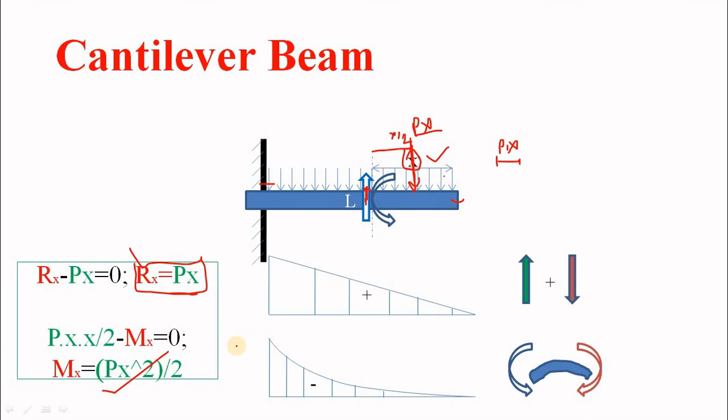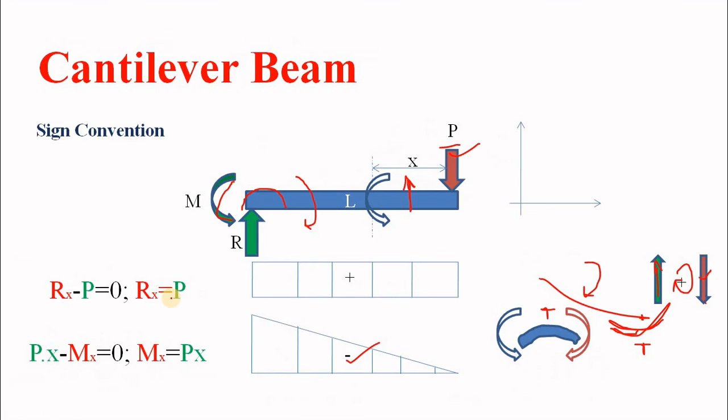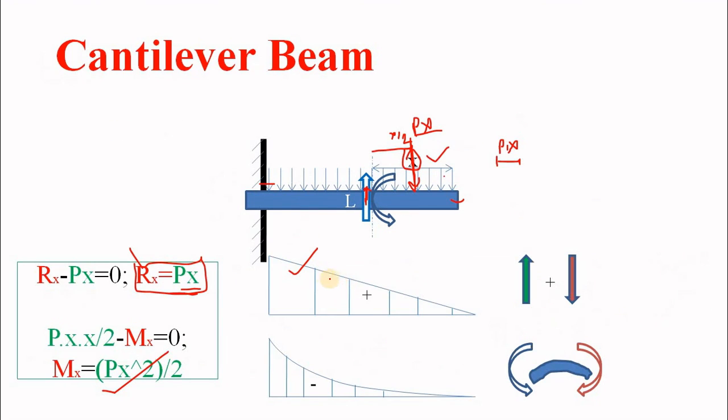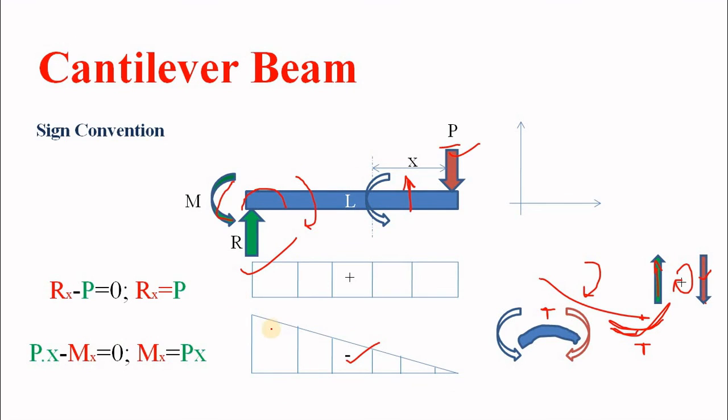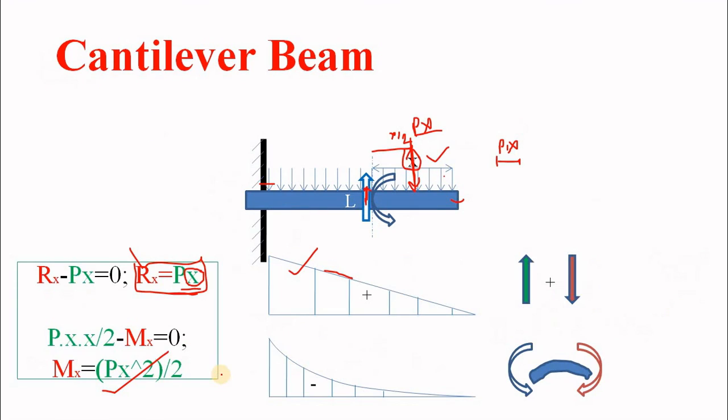Now if you plot this, you can see that the shear force is varying linearly, compared to the point load where the shear force diagram was constant, because the power of x is here 1. In case of point load, the moment diagram varied linearly, but here it is varying parabolically. That's why here the diagram is like this.